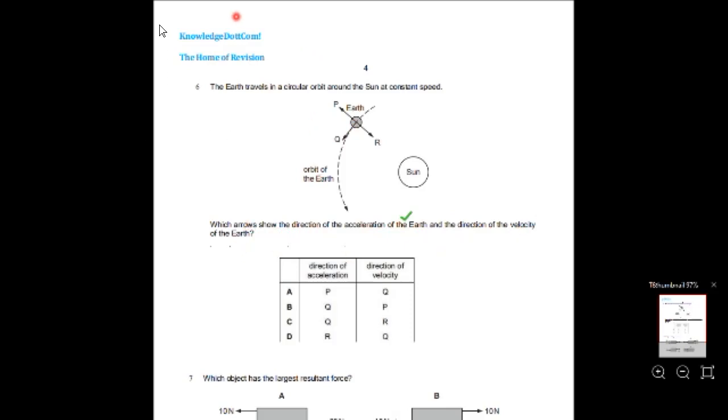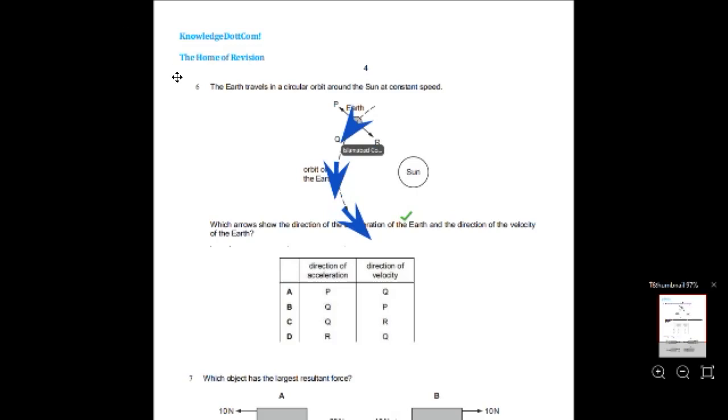So whenever the object is moving along a circular path, at each point the direction of velocity would be tangent to the circle, like this. At this point it would be like this. At this point the direction would be like this.